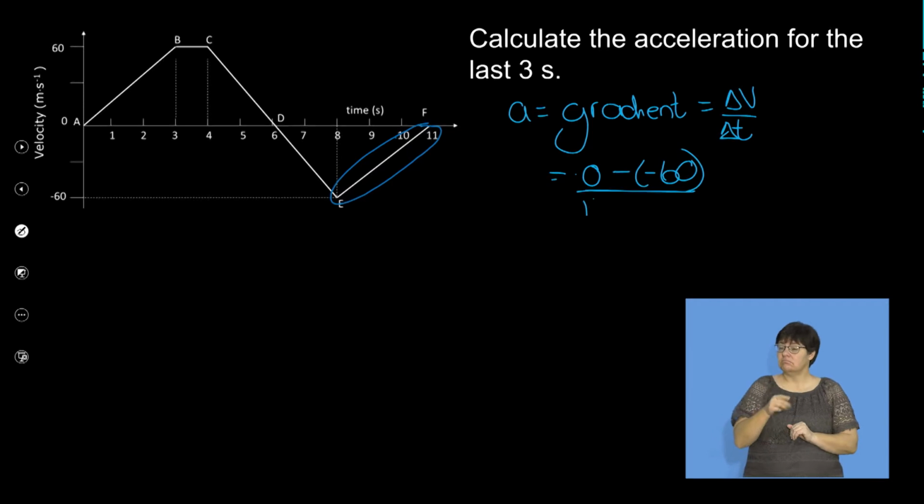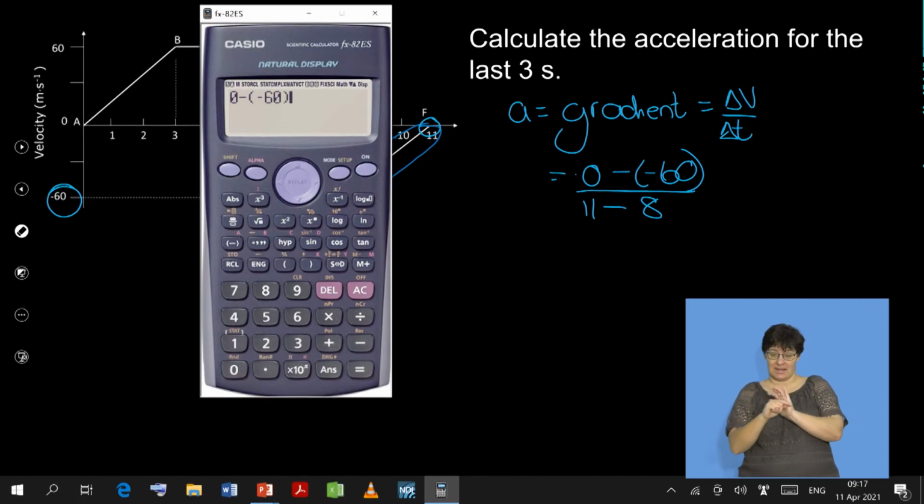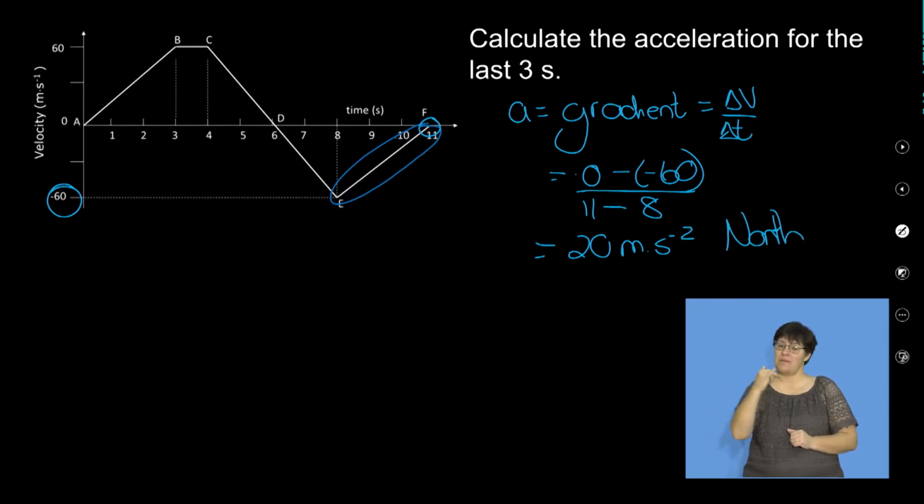My time was 11 minus 8. Okay, so let's put it on the calculator. So I've got 0 minus 60 divided by 11 minus 8, and I get 20, which I'm happy with. There we go. So it's 20 meters per second squared, and it's north, and I'm happy with that because it's a positive gradient. Let's do it with equations of motion.